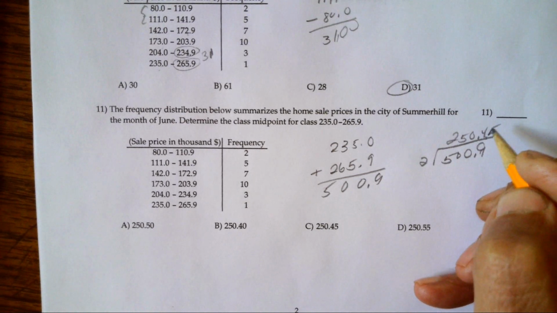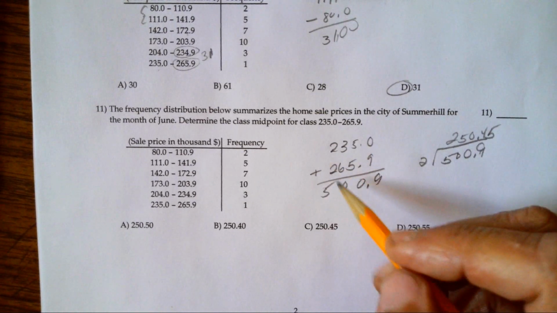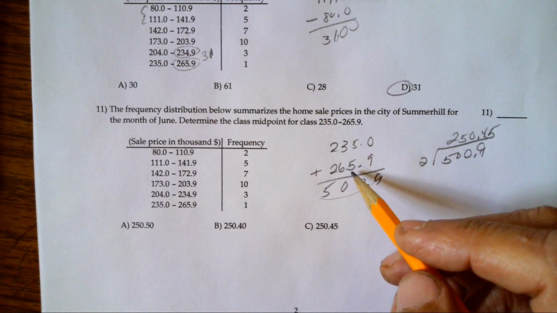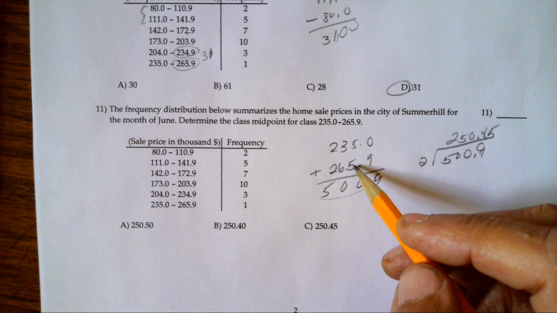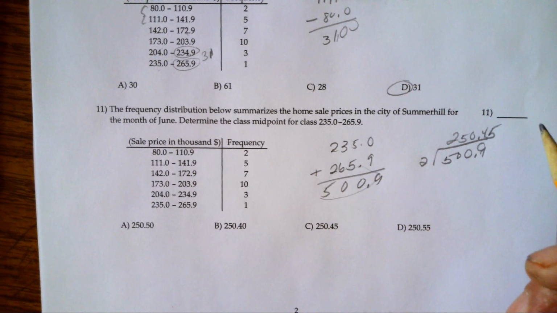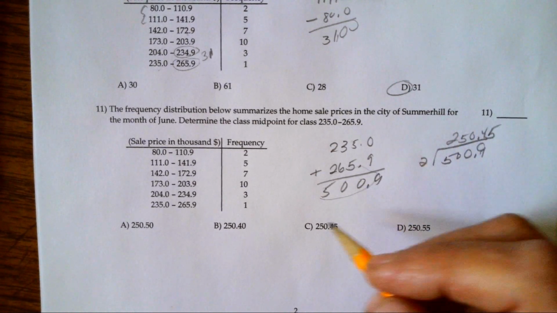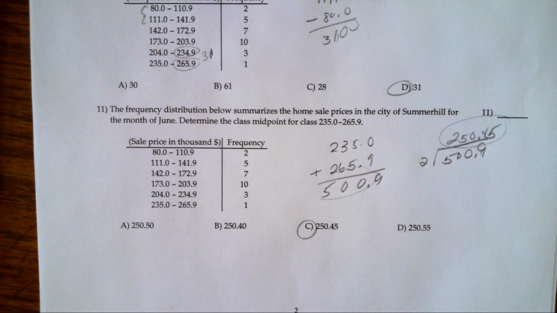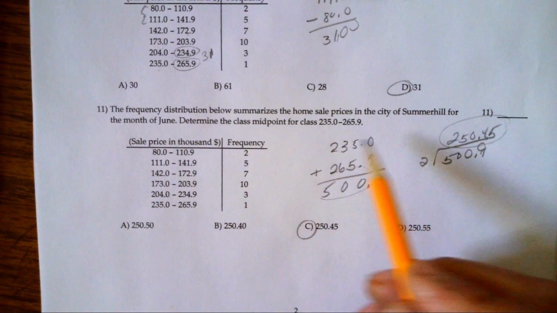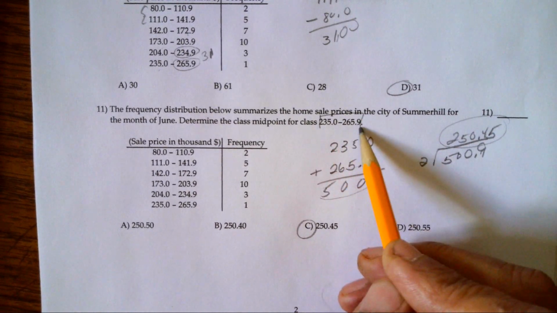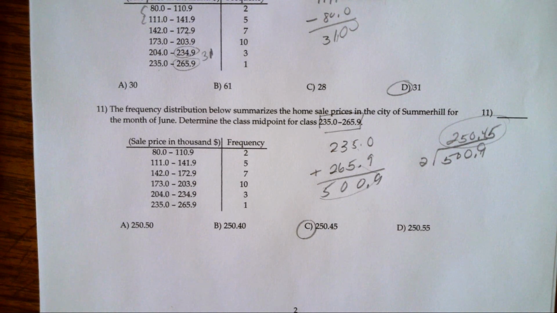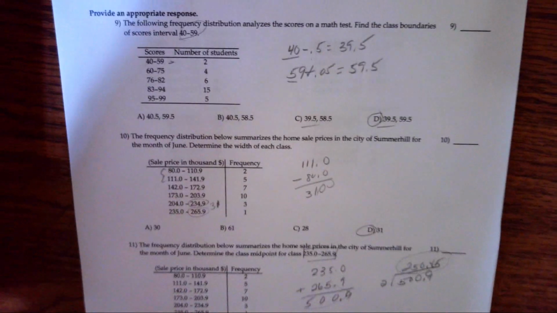All right, letter C. Add them and then take the sum, finding the average. Take the low, you add the high, and you divide the sum by 2. So number 11 was letter C, 250.45. He was specific which one he wanted. He wanted the midpoint of this particular class. Take the 2, add them together, find the midpoint, the halfway point. All right, that's number 11.